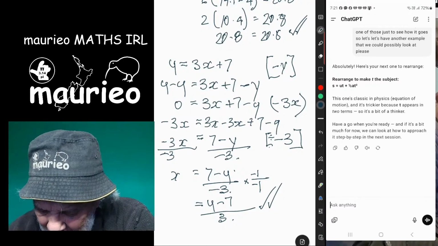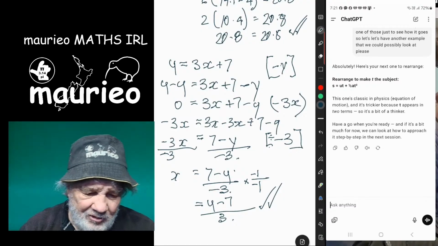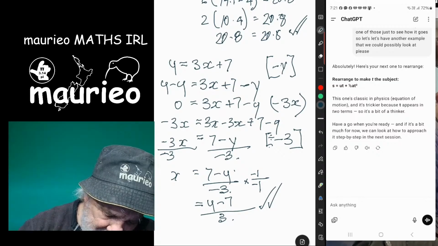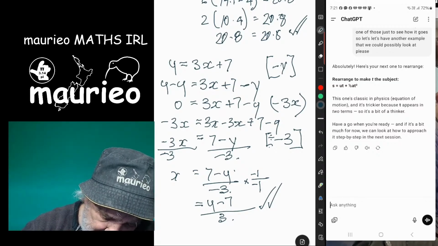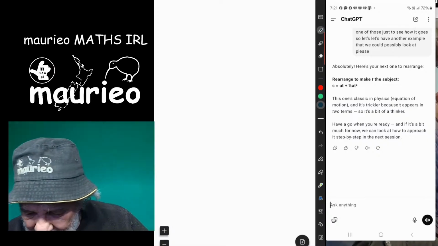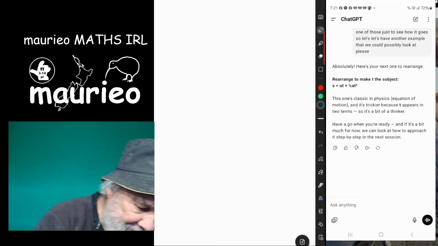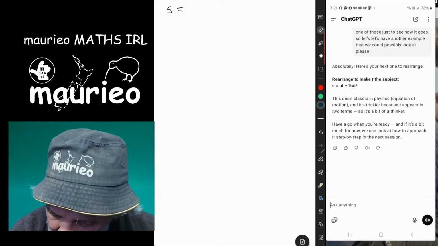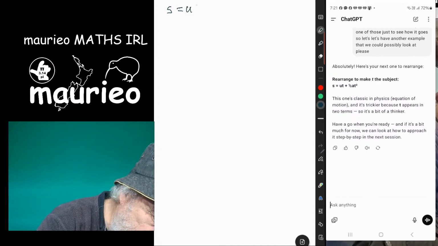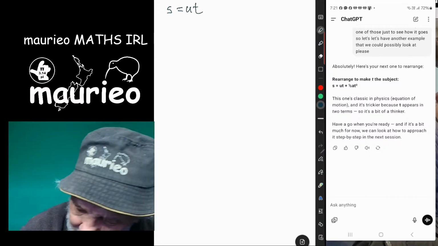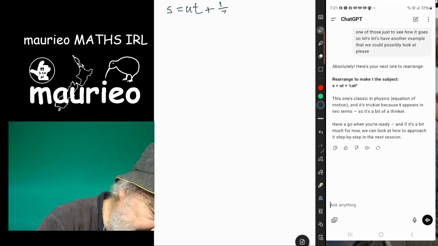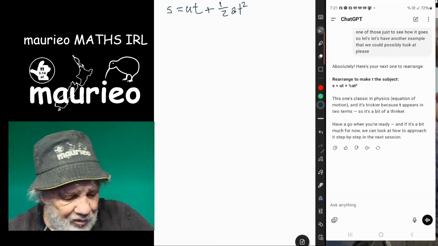Make t the subject. It's one of the kinematic equations from physics you might be familiar with. Very common one. So the equation that we're looking at is S, which is distance, equals ut, initial velocity times time, plus a half at squared, a for acceleration, t for time.